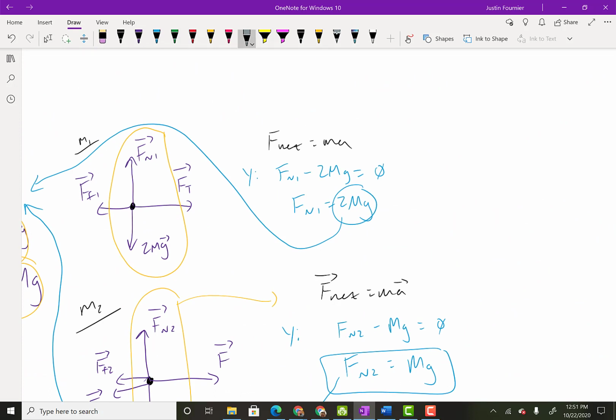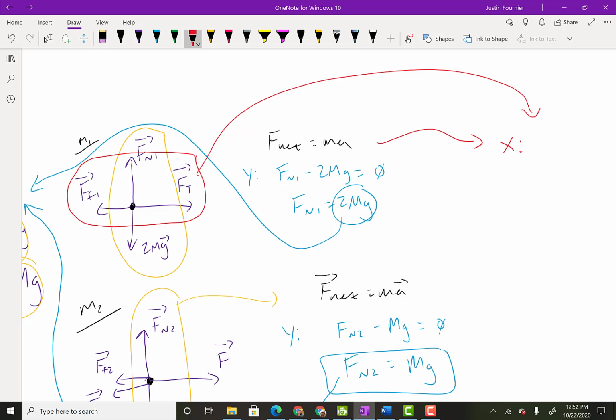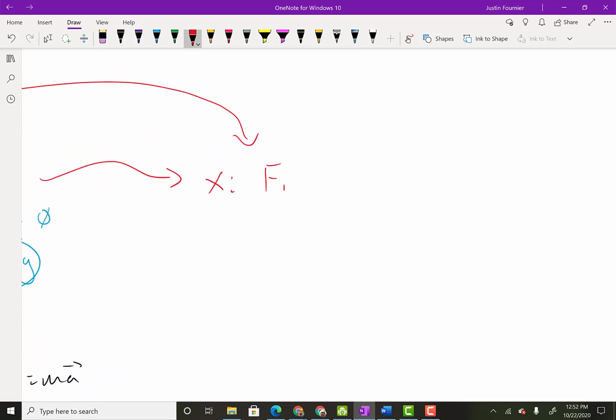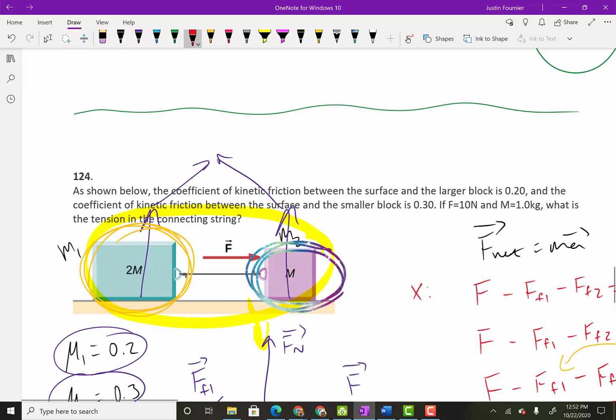So now I'm just going to apply F net equals ma just in the x direction over here using this. I think this is going to work. So Ft, that's what I'm trying to find, minus the force of friction 1 is equal to the mass, that's 2m. That was the 2m one, right? That was m1? Yeah.